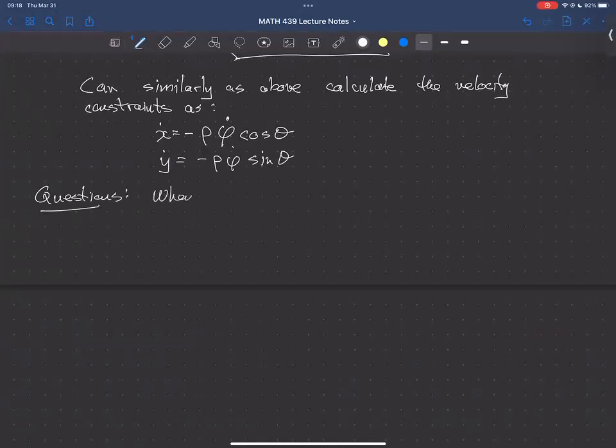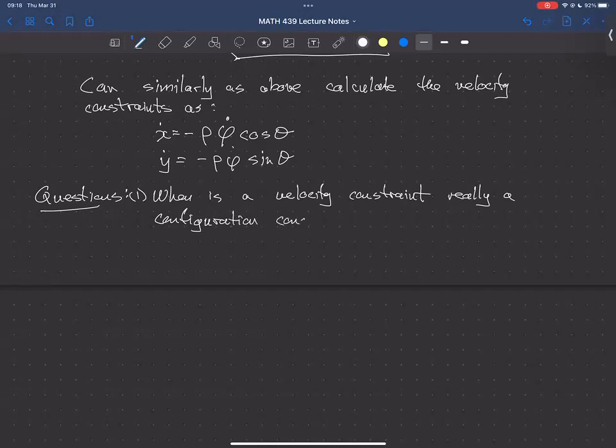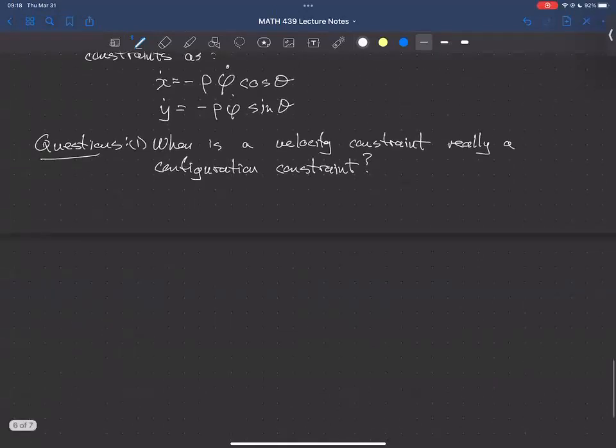When is a velocity constraint really a configuration constraint, as in the first example? We're going to give a simple condition that you can use to check that.